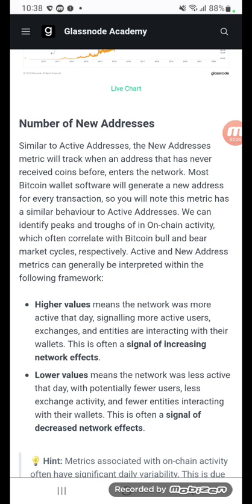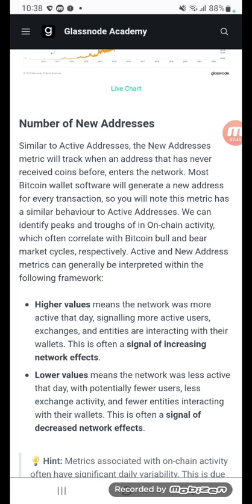Number of new addresses: similar to active addresses, the new address metric tracks when an address that has never received coins before enters the network. Most Bitcoin wallet software will generate a new address for every transaction, so you will note this metric has similar behavior to active addresses.